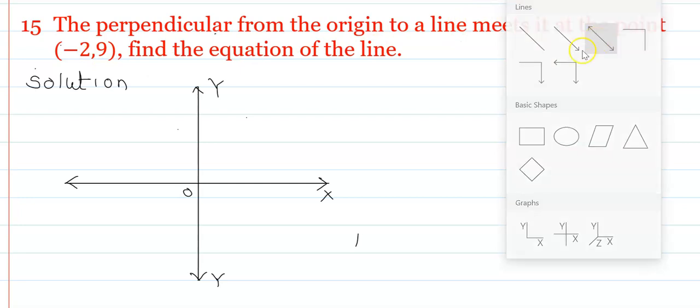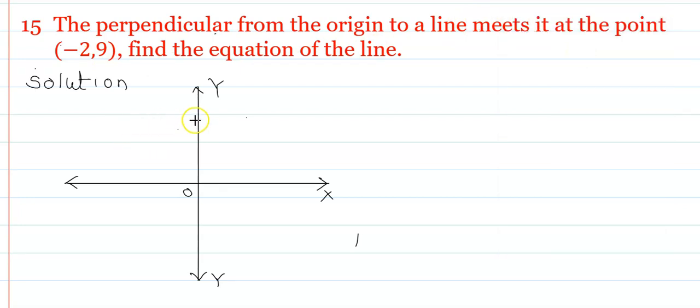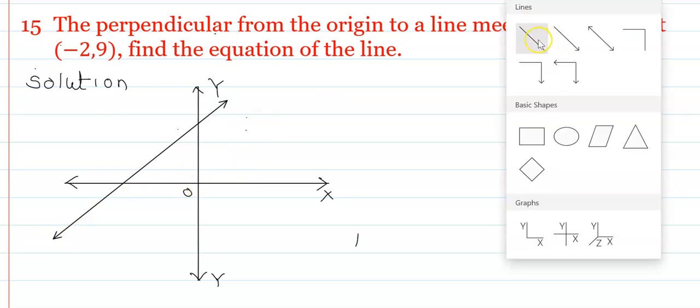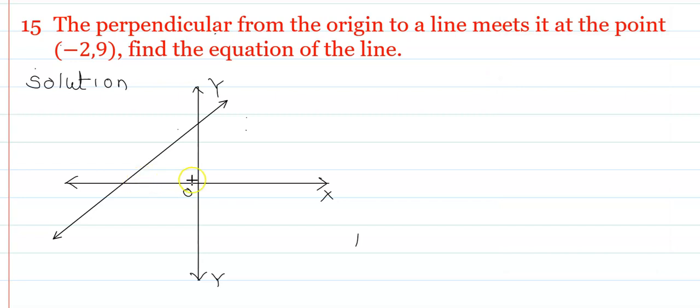There is a line in here, it is like this, and the perpendicular from the origin, here is a perpendicular.